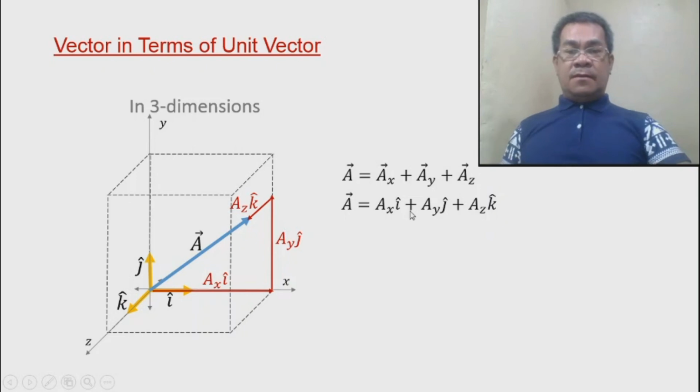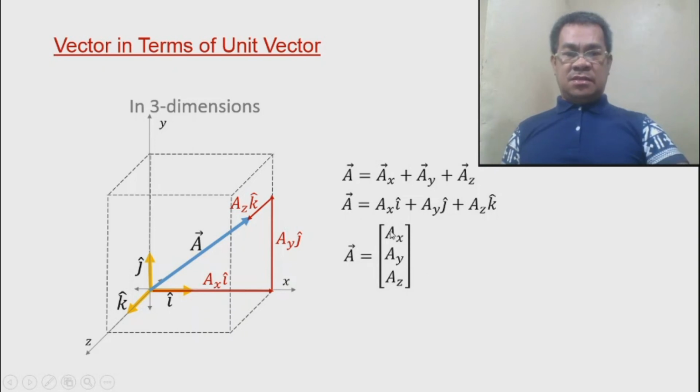Okay. Now, another way to present this, because this is in terms of unit vector presentation, we can also present this in terms of a matrix. So we have a one-column matrix.